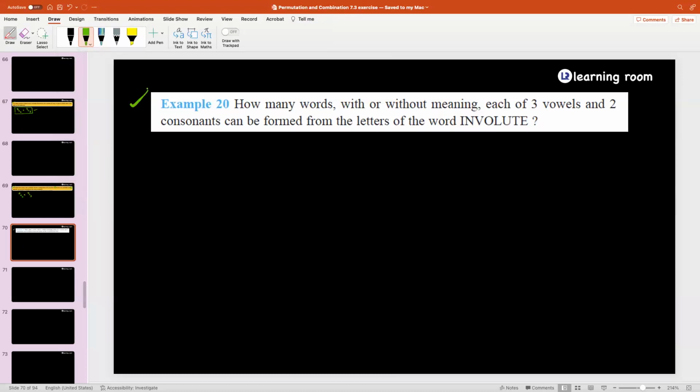Tell me, how are we supposed to solve this? How many words with or without meaning, each of 3 vowels and 2 consonants, can be formed from the letters of the word involute? 3C4 into 2C4, sir.